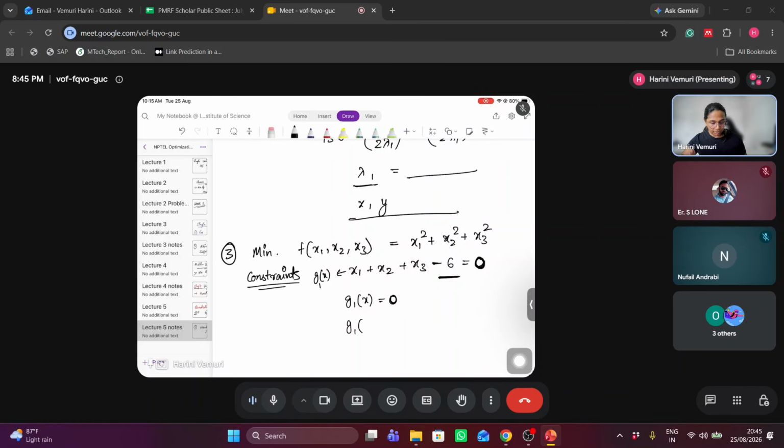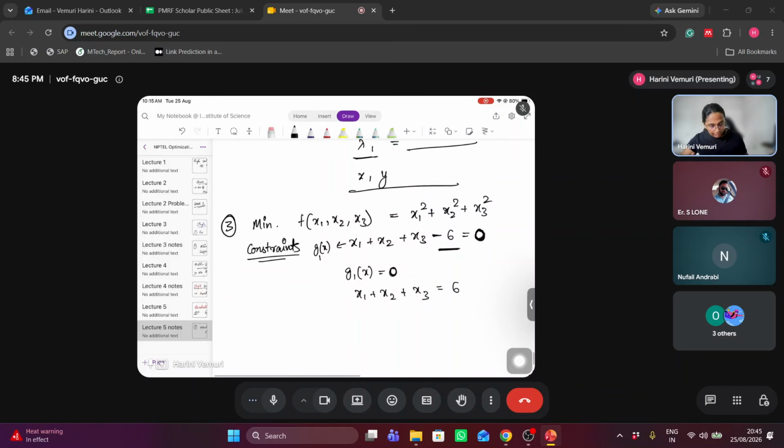But if the equation is given as x1 plus x2 plus x3 equal to 6, then we will write 6 minus x1 minus x2 minus x3 equal to 0. This is our g1 of x in this case.